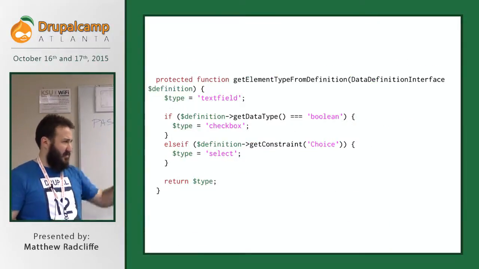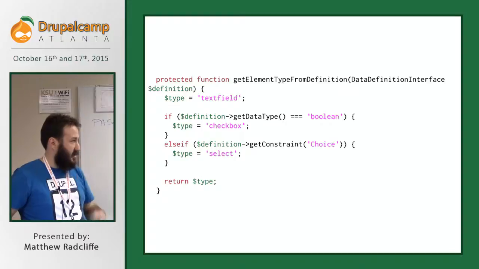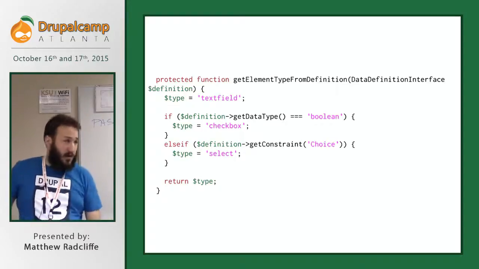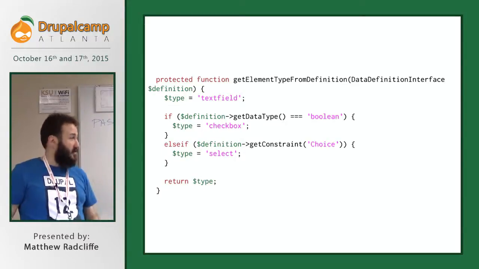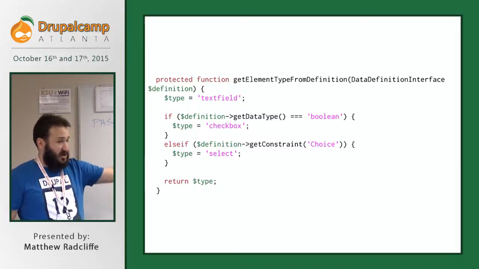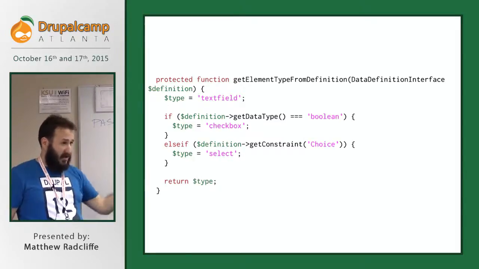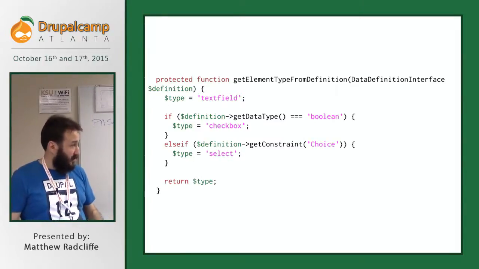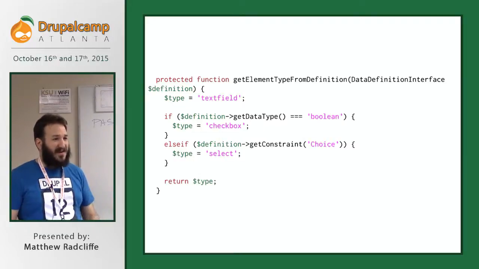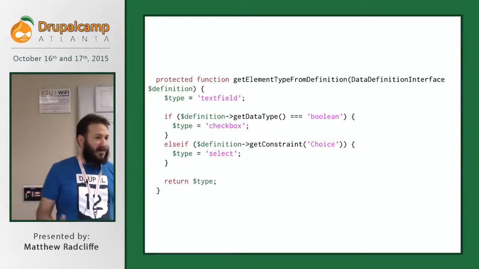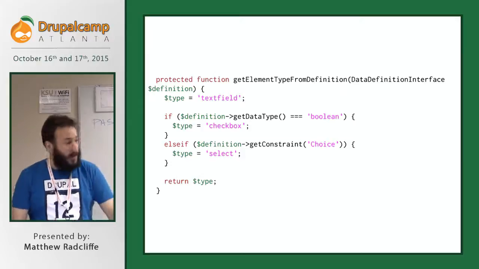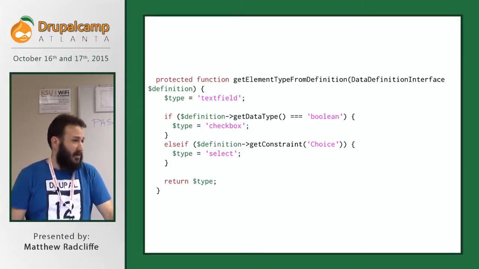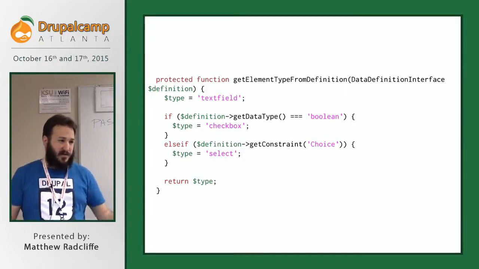So I have this dummy code here which says if the data type is a Boolean, make it a checkbox. If I have the choice constraint, make it a select list. Otherwise, just make it a text field. So that's really naive, but here's my first go at this thing, and it fits my use case in my Xero use case.